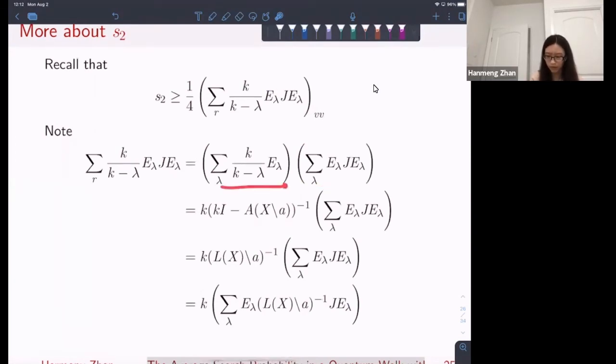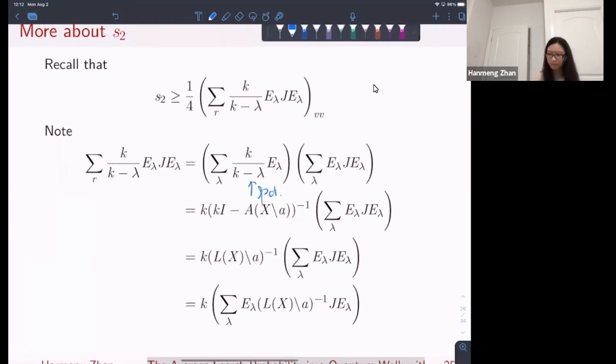What about this? Now that we have written the sum as a sum of a function of the eigenvalues, followed by the eigenprojection onto that eigenvalue, I can view this as the spectral decomposition of the same function applied to the adjacency matrix of X sub a. So this is an inverse application of spectral decomposition.